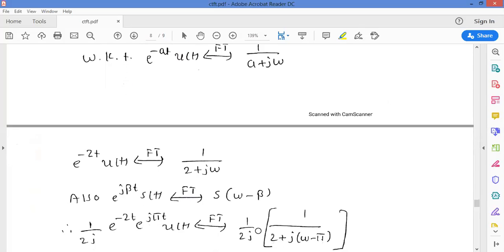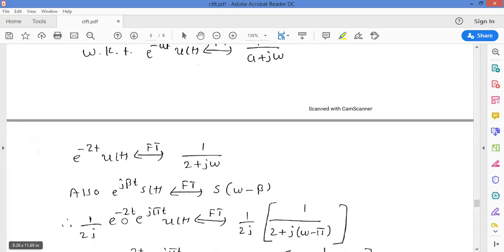So 1 by 2j e power minus 2t e power j pi t into u of t Fourier transforms into 1 by 2j, that is multiplication by a constant, into 1 by 2 plus j omega, which was already there. Omega gets shifted to omega minus pi. If it is plus pi, then it will become minus pi here.